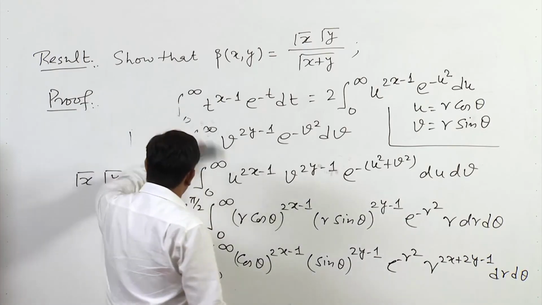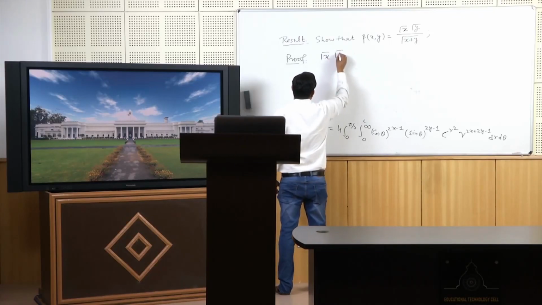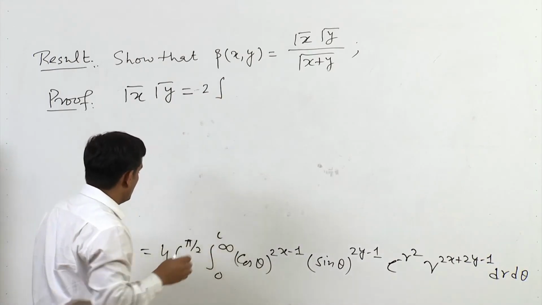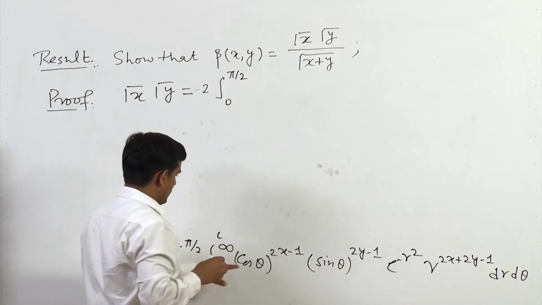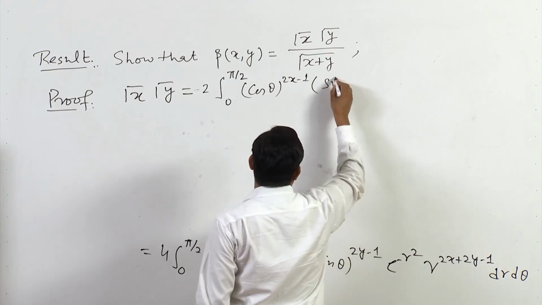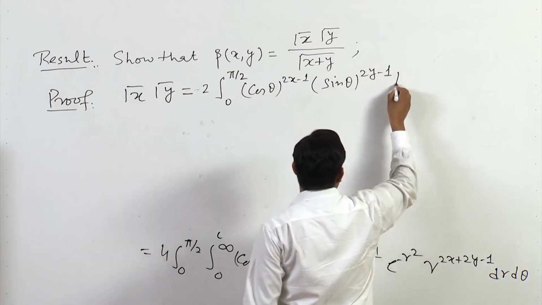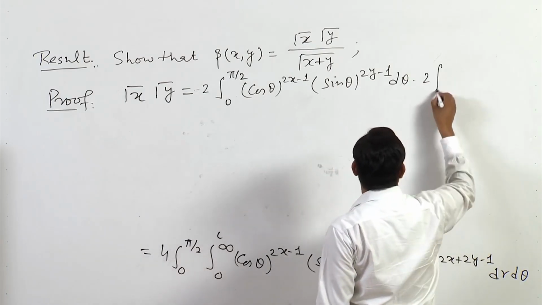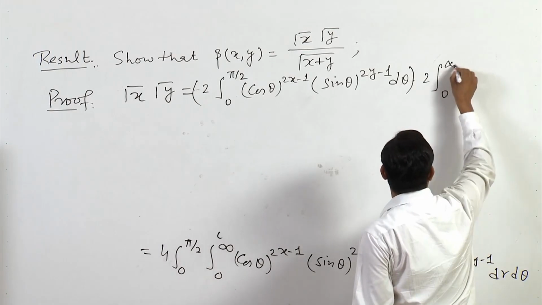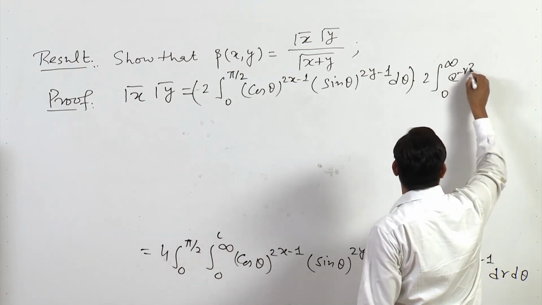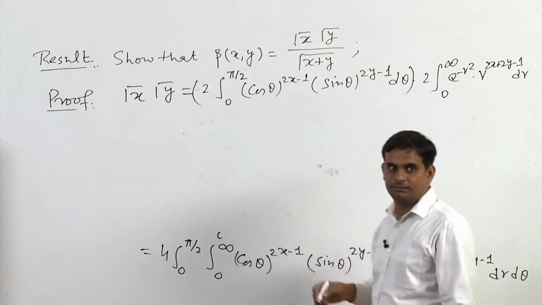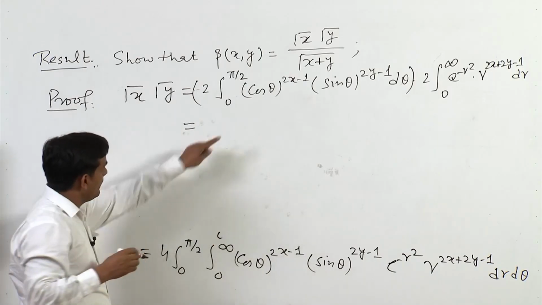So let me write it here. So gamma x gamma y will be, I am writing this, 2 times the integral from 0 to pi by 2 of cos theta raised to power 2x minus 1, sin theta raised to power 2y minus 1 d theta, into 2 times the integral from 0 to infinity of e raised to power minus r square into r raised to power 2x plus 2y minus 1 dr. What is this?